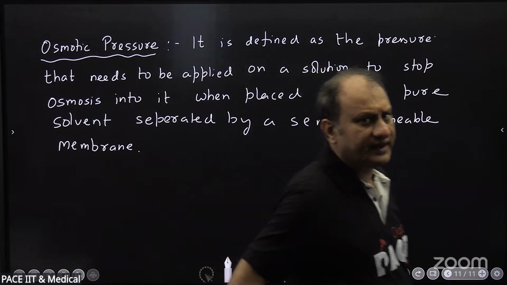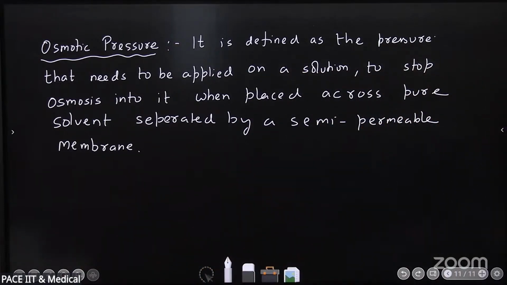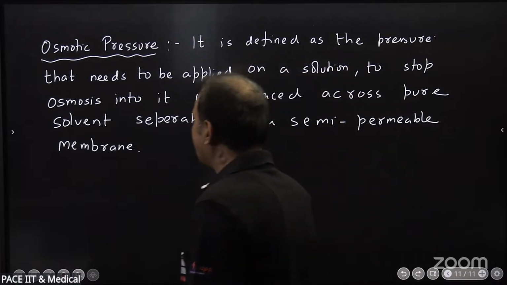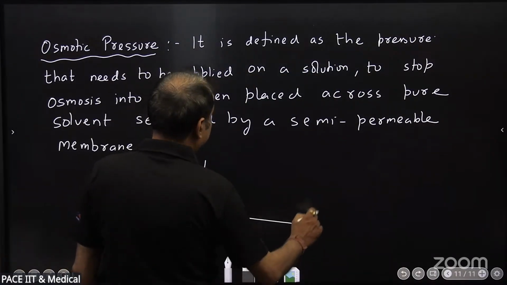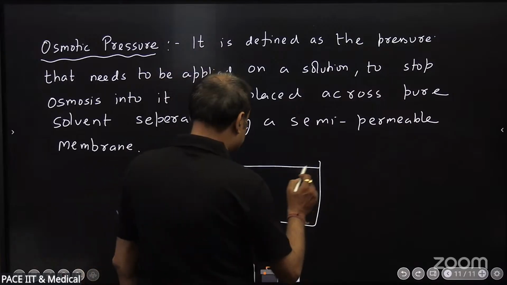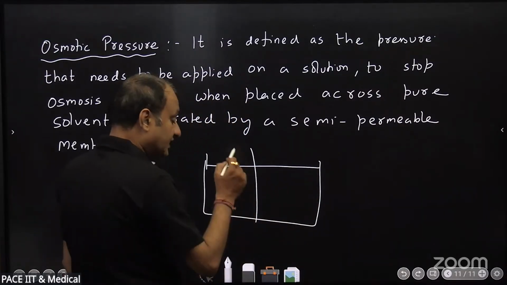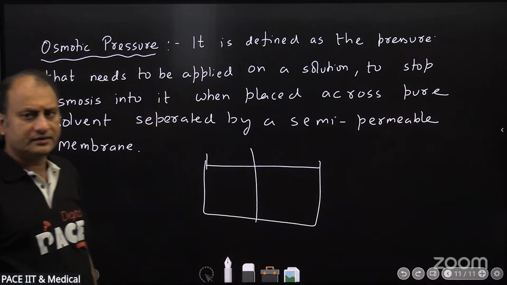How are we defining osmotic pressure? Osmotic pressure we are defining as the pressure that needs to be applied on a solution to stop osmosis into it when it is placed across pure solvent. It means now I have taken a beaker with a semi-permeable membrane.